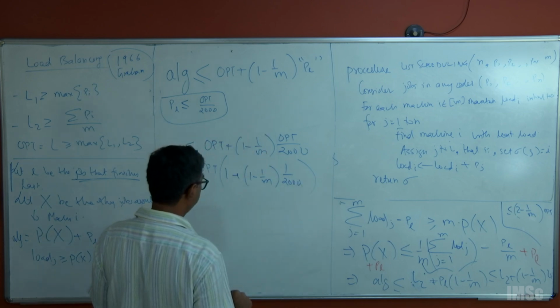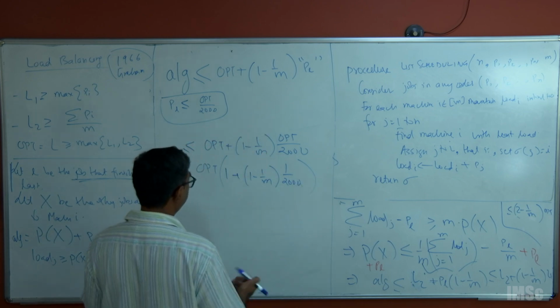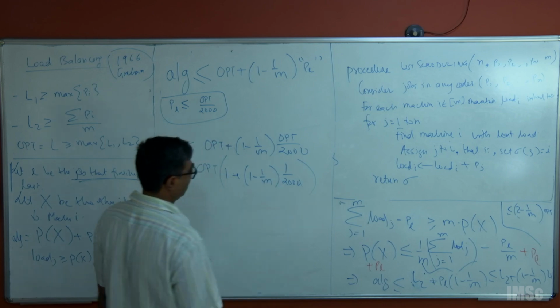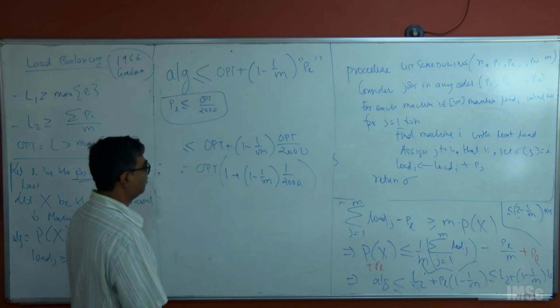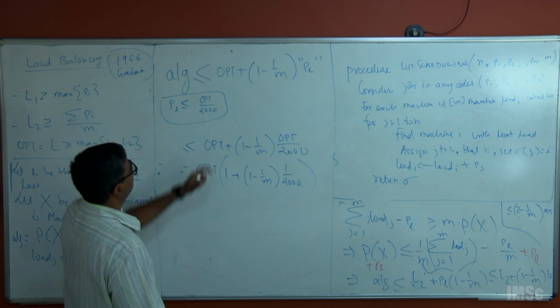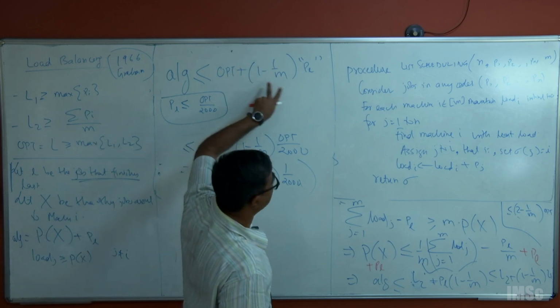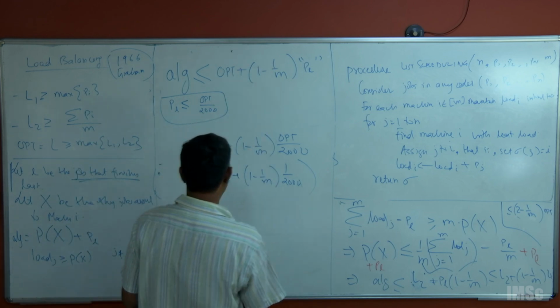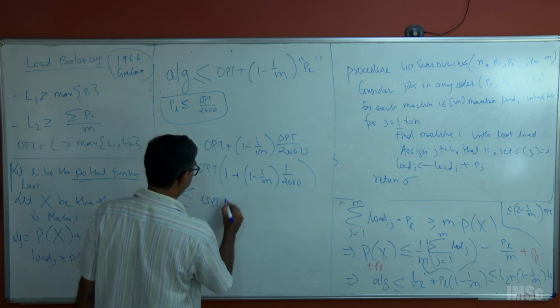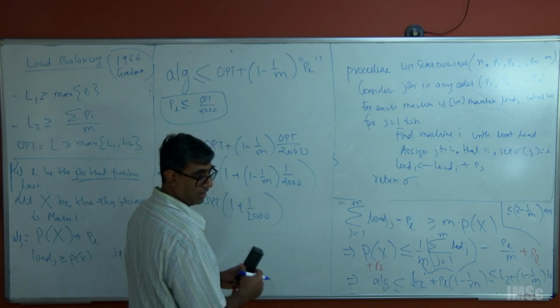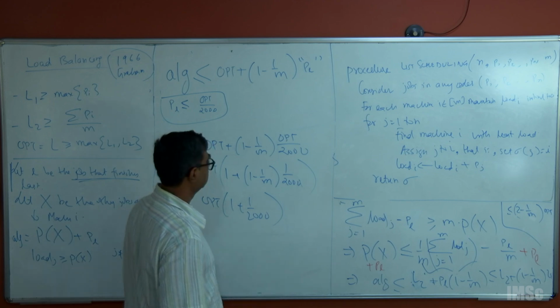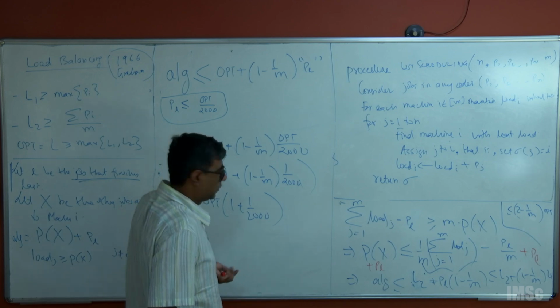Does it give a better approximation for us? It does, right? Because I can forget 1 over m, because this is minus. It is 1 minus 1 by m, it is less, right? So I can definitely write ALG is less than or equal to OPT times (1 plus 1 by 2000), which is great. So what is m here? Doesn't matter. It's just an upper bound.